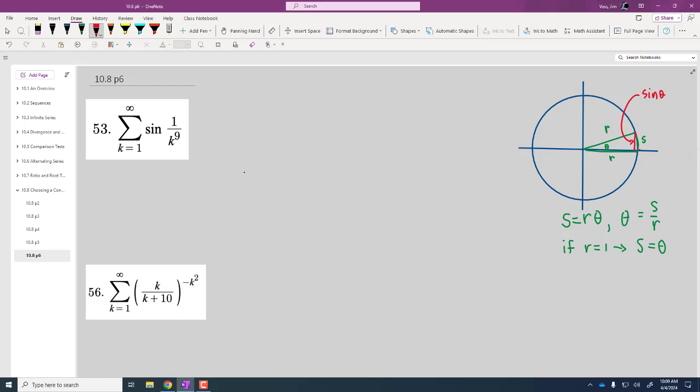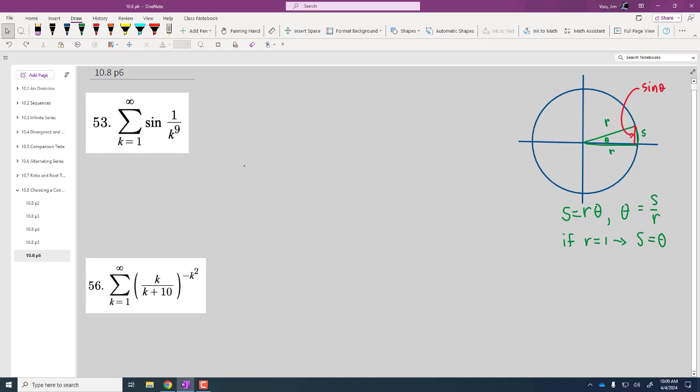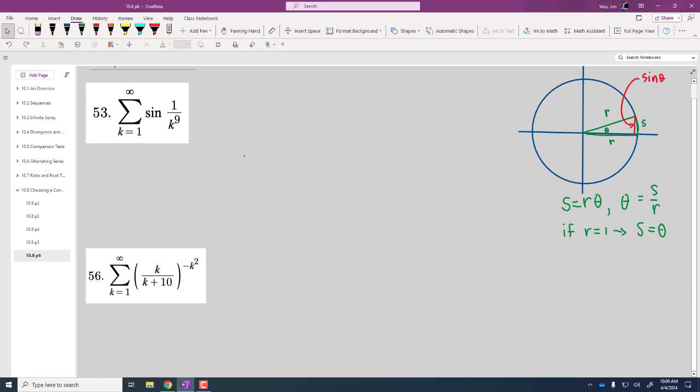And theta and S are the same, so there's theta right there. So if you look at this picture, if your theta is small, sine of theta and theta, because theta is the same as S, are about the same.